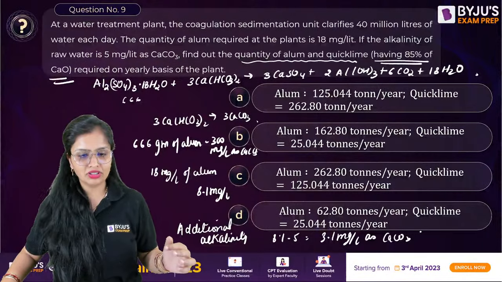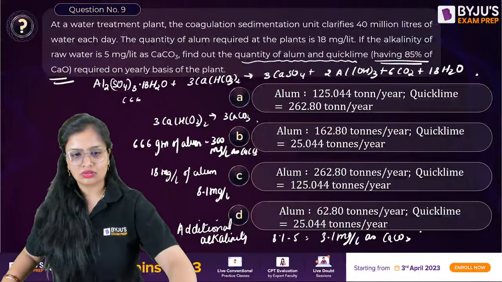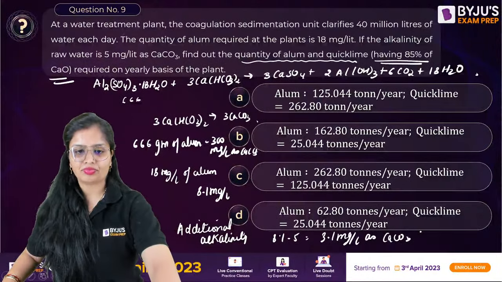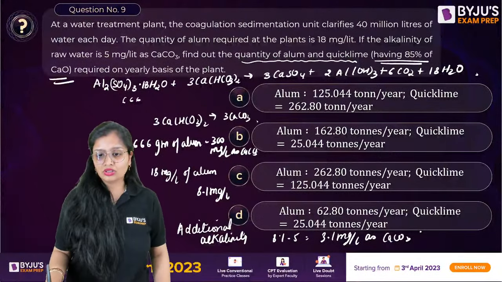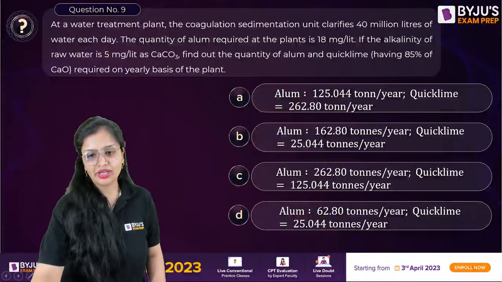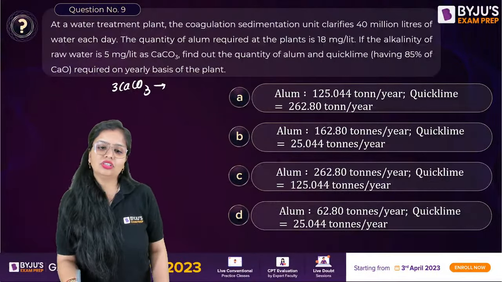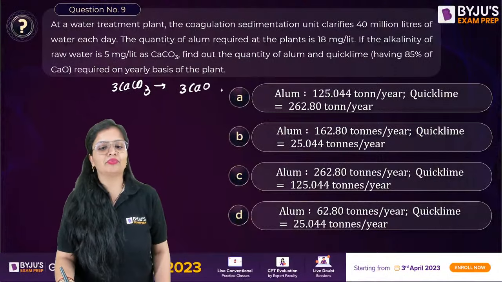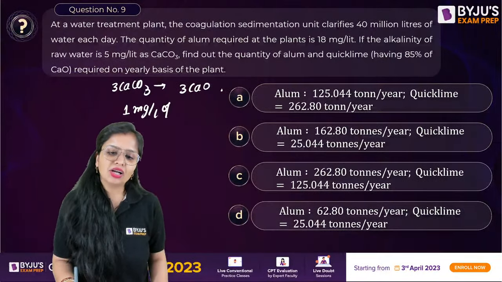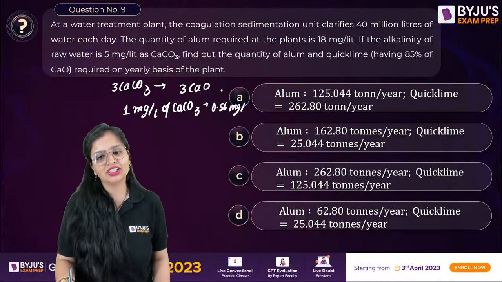By the time, I'll add one slide. Fine, so this much amount of calcium carbonate is required. For this you need calcium oxide, and 1 mg per liter of calcium carbonate requires 0.56 mg per liter of calcium oxide.